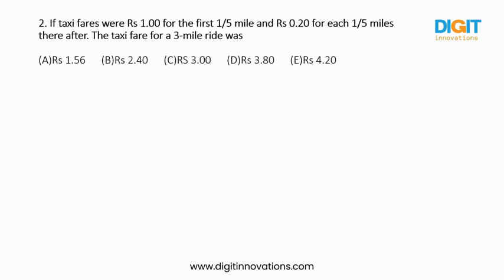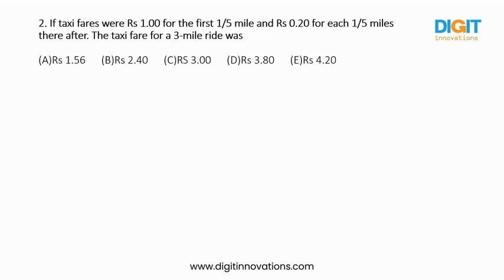The starting 1/5 mile costs 1 rupee, and after that first 1/5 mile, all remaining 1/5 miles cost 0.20 rupees. In this total of 3 miles, what would be the cost?